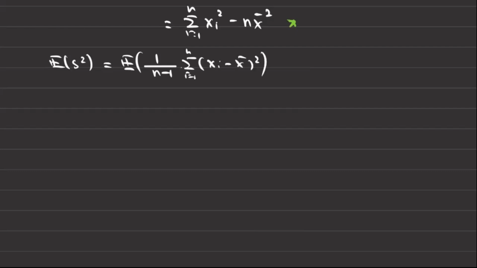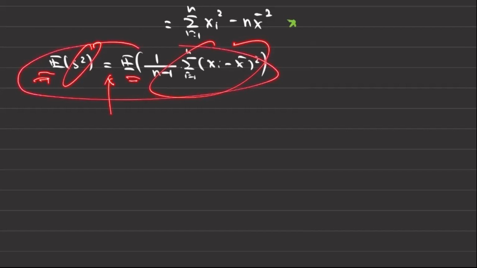Now what this is saying is, it's the unbiased estimate, because on the right-hand side it's a sample variance, on the left-hand side it's a population variance, and the expectation of the population variance is the same as the expectation of the sample variance. This is what it means when we say something is unbiased. That is the definition. So by definition, when we say something is unbiased, we can write this kind of formula.